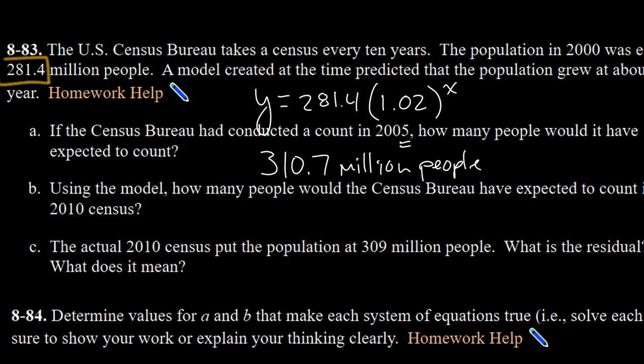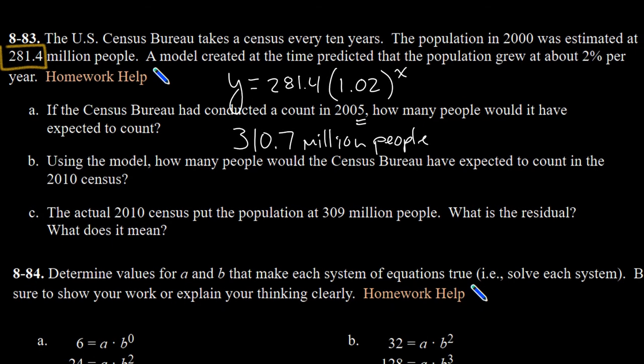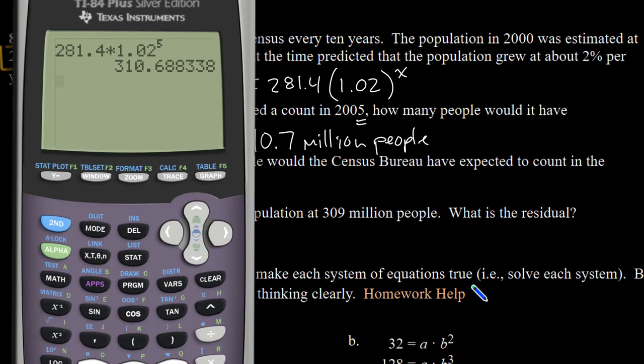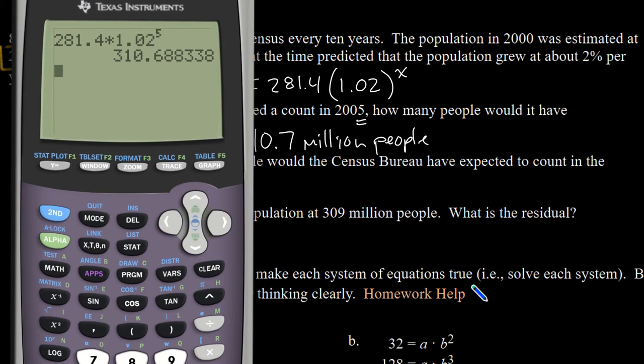Using the model, how many people would the Census Bureau have expected to count in the year 2010? That's going to be easy to answer, because I'm just going to grab this expression again and evaluate it, not when x was 5, but when x is the number 10.